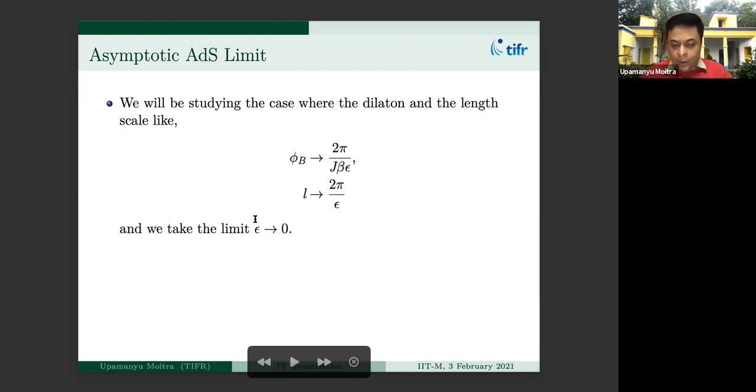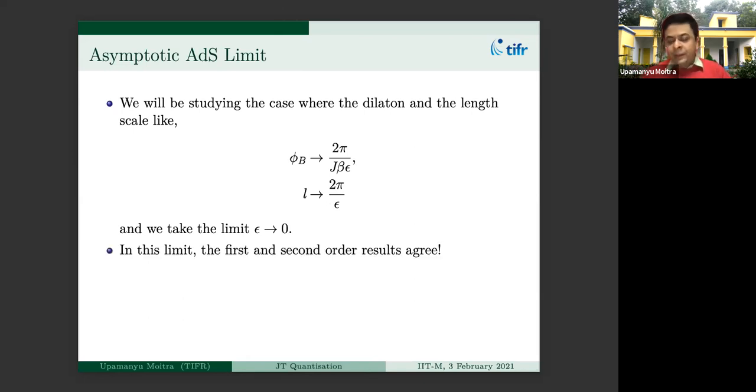And what we mean by taking the asymptotic AdS limit is that at the end of the calculation, we take this cutoff parameter epsilon to 0. And in this limit, we are going to see that the first and second order results agree beautifully.